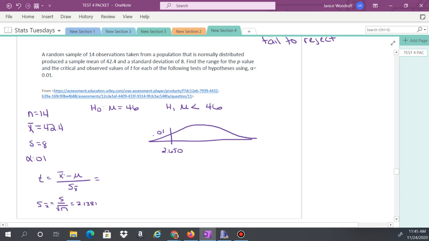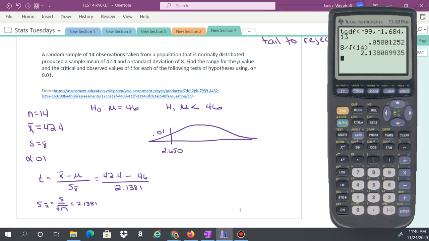Then I have my x bar of 42.4 minus my mean 46 over 2.1381. That's going to give me negative 1.6838.